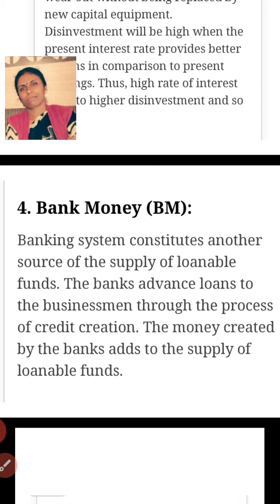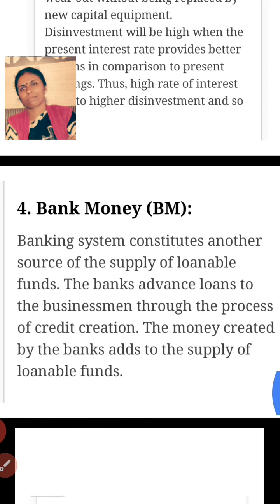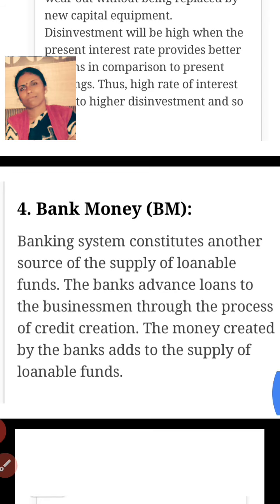And the bank creates more credit at a higher rate of interest, and less at a lower rate of interest. So these are the four very important factors that determine the supply of loanable funds. Once again I will repeat: savings, dishoarding, disinvestment and bank credit.